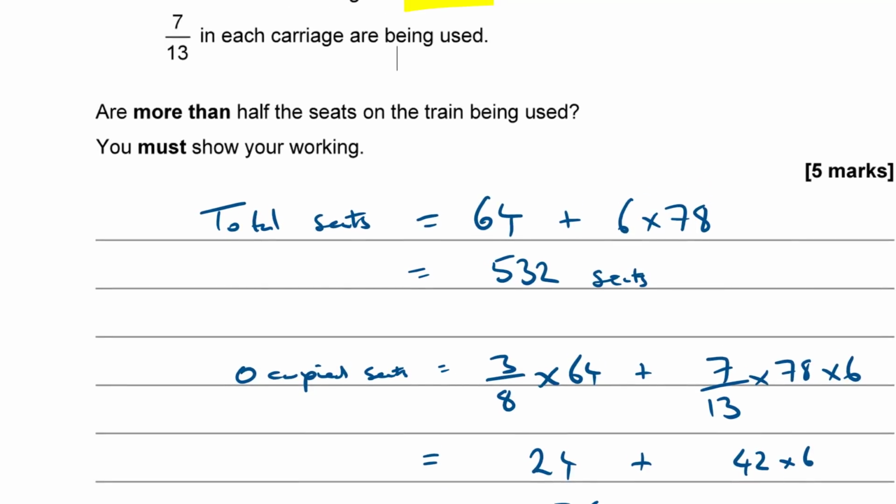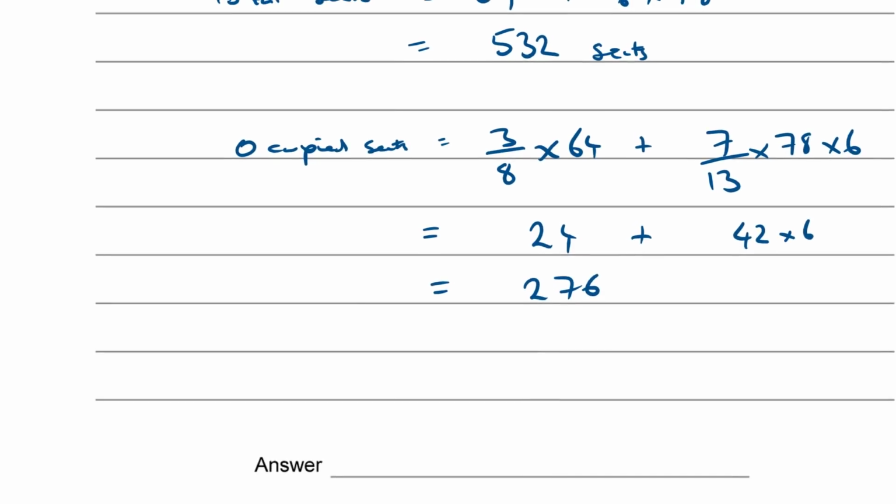So are more than, notice it's bold again, always take care with bold, are more than half the seats of the train used? I suspect there's a little twist in the tail here. So the fraction that is used is 276 over 532. Now we can use our calculator to cancel that fraction down for us.